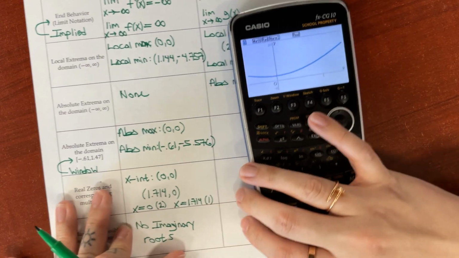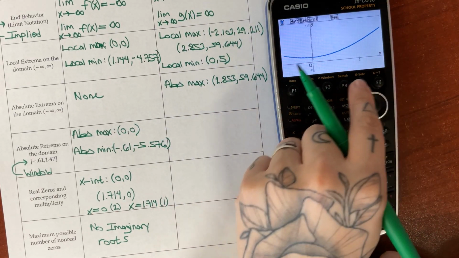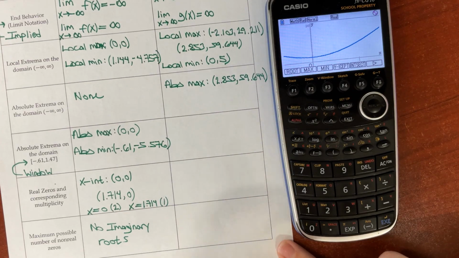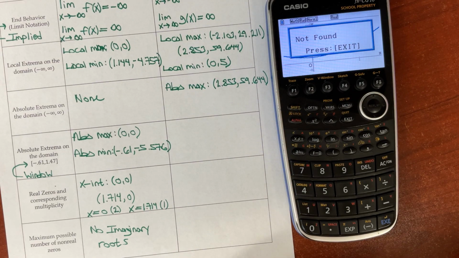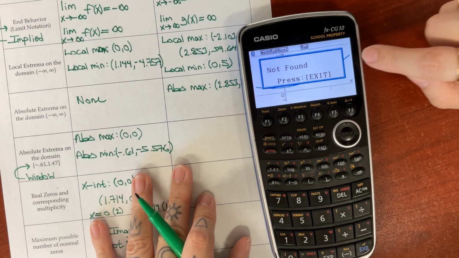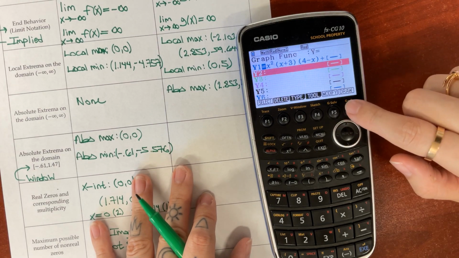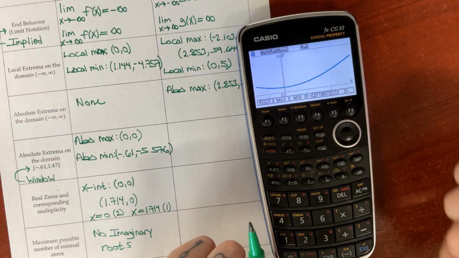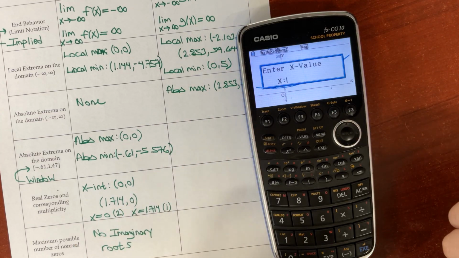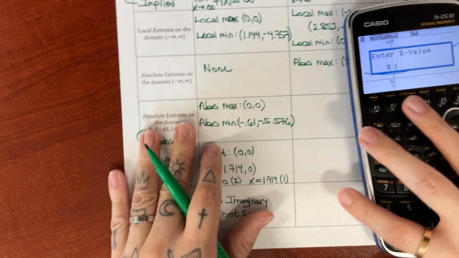So let's go ahead and do the absolute max first. We've been doing the maximums first. In order to find that maximum, if I try to just do max, your calculator is going to say not found, because the highest point is on the interval endpoint, but your calculator doesn't know to include that. So what I'm going to do is a Y-Cal. So G-Solve, toggle Y-Cal, and I'm going to type in the endpoint value that they give us, which is 1.47.